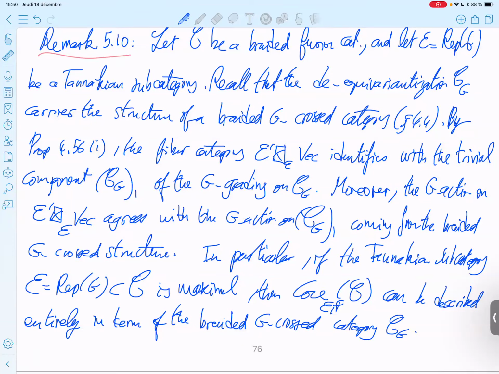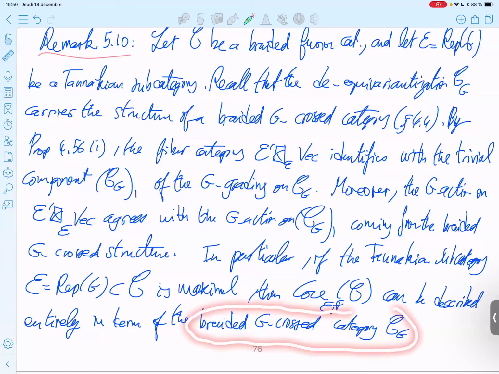So all the data are there. I mean, to describe that you need E and F, in fact. But if you have the data of a braided G-crossed category, this data is enough to recover it exactly. So to define that, you have all the required information.